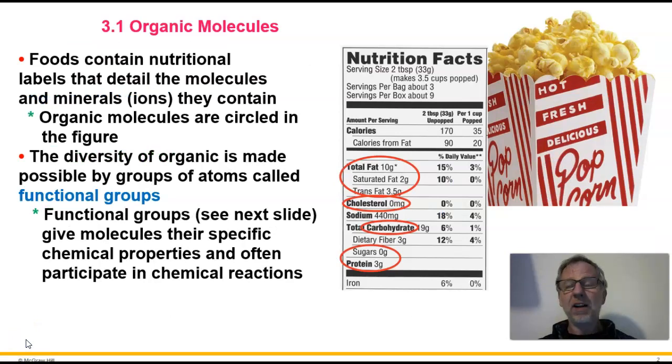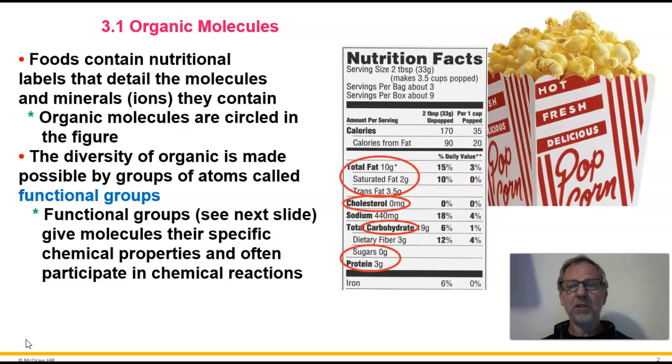If you were to examine a nutritional label on a food product, and by law, all packages containing food need to have nutritional labels on them listing certain information, the kind of information that in part you see in this figure, you can see that there are organic molecules that are listed.